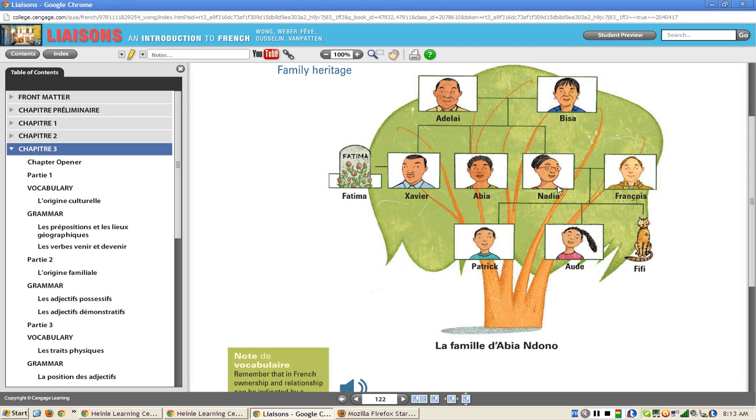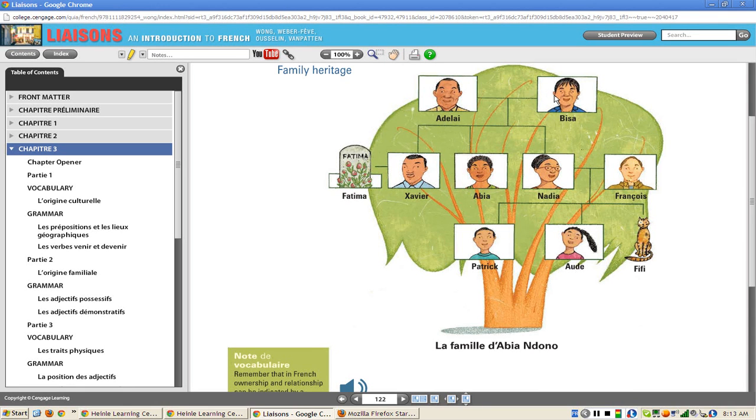François, c'est le mari de Nadia et c'est le père de Patrick, Aude et bon, le chat Fifi. Alors, Adelaide, c'est le beau-père de François. Do you hear that word? Le beau-père. Un beau-père is a father-in-law.